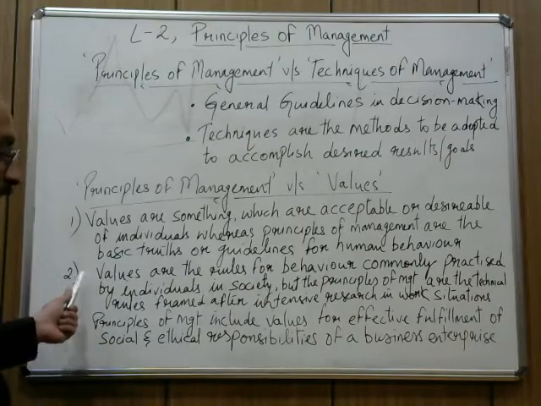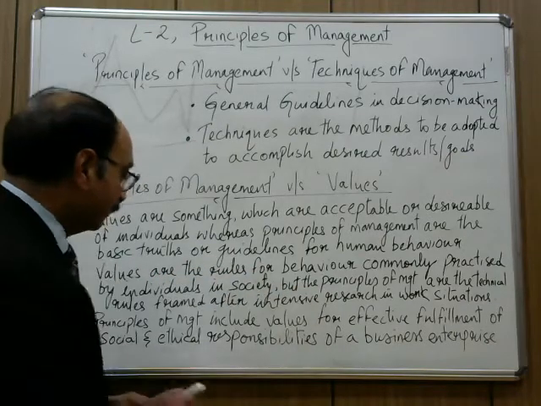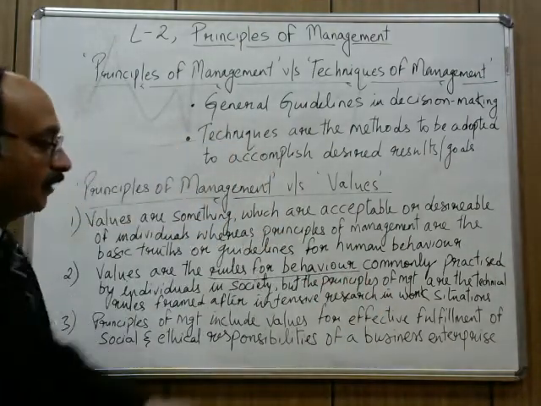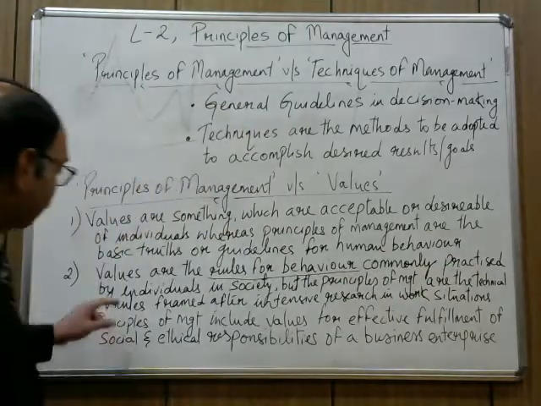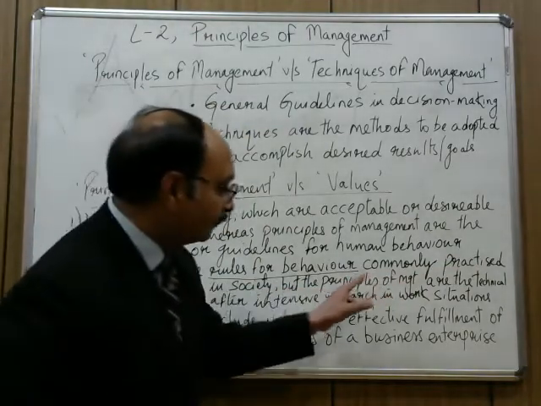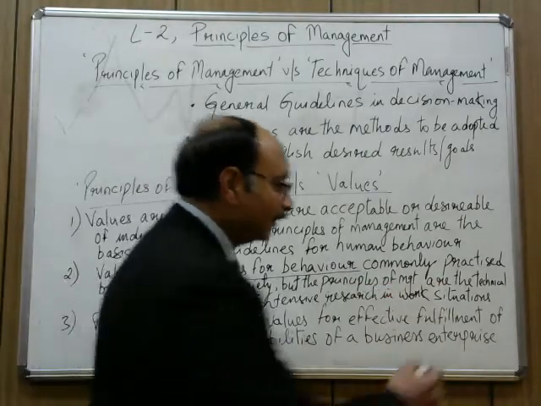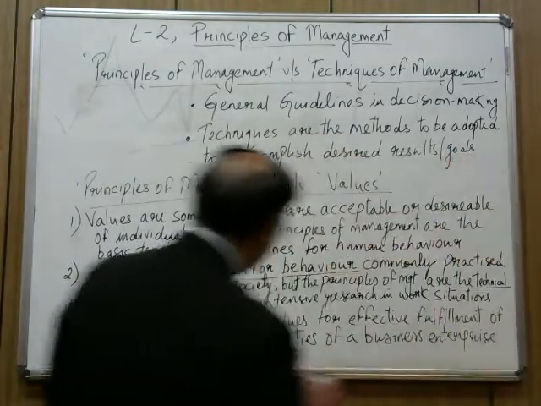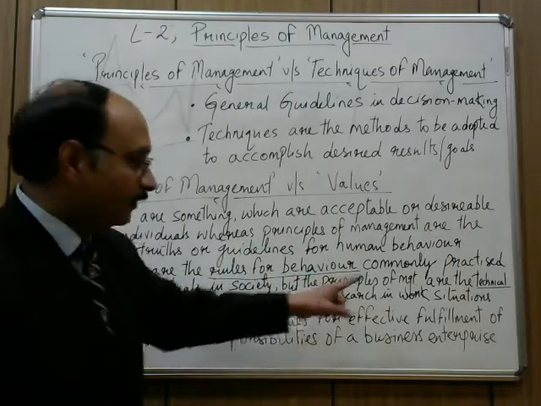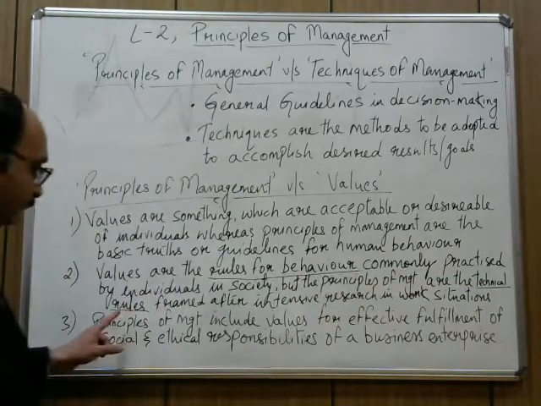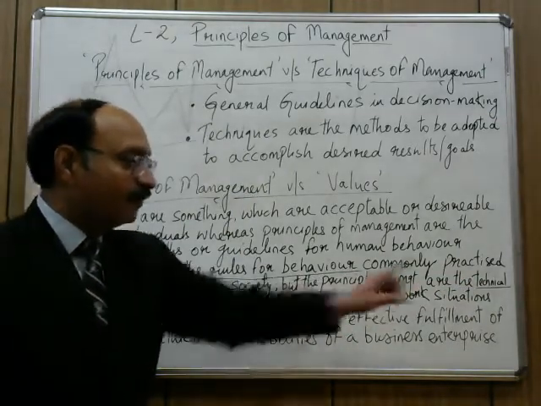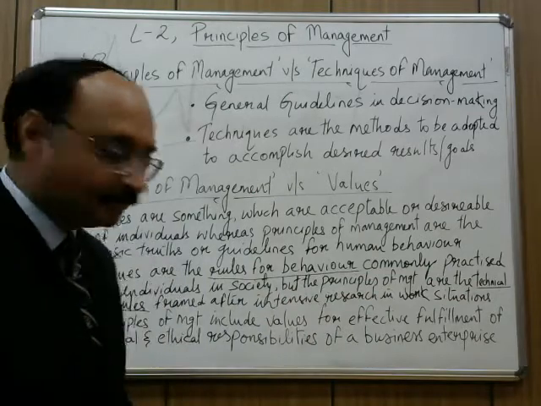Then values are the rules for behavior commonly practiced by individuals in society, but principles of management are technical rules, framed after intensive or deep research in different work situations.